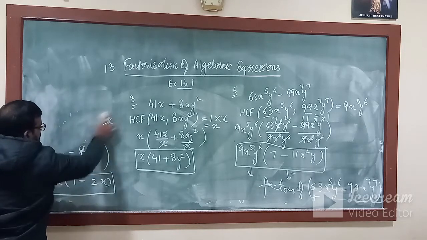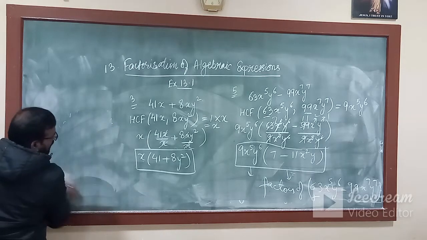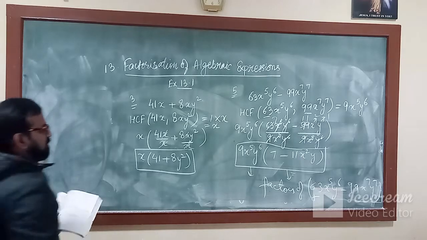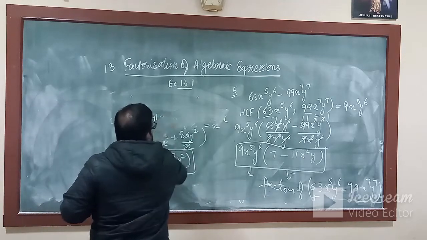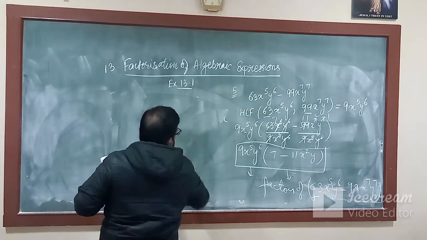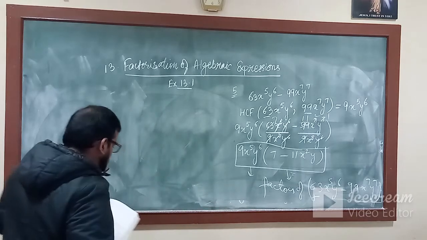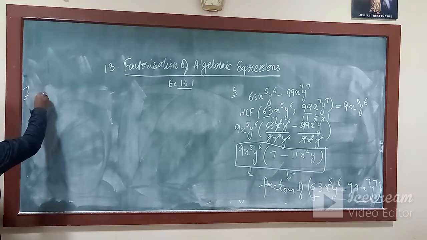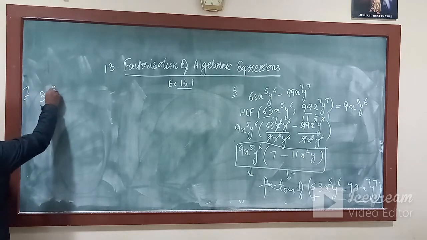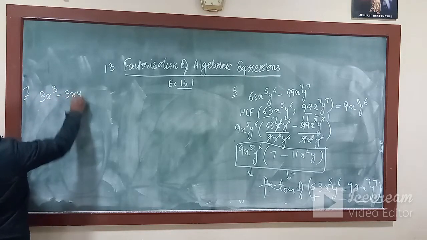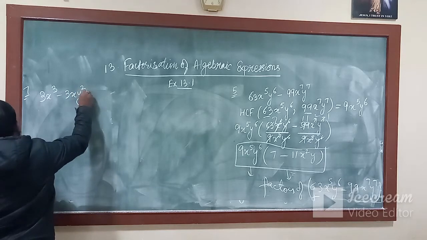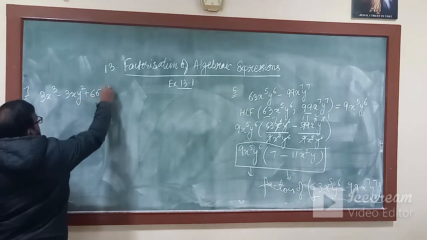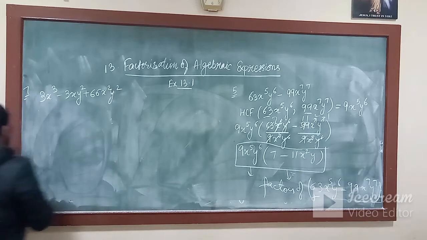Okay, so we have seen a binomial now. Now let's see a trinomial and see how to factorize it. Same method will be there. 3x cube minus 3xy square plus 66x square y square.